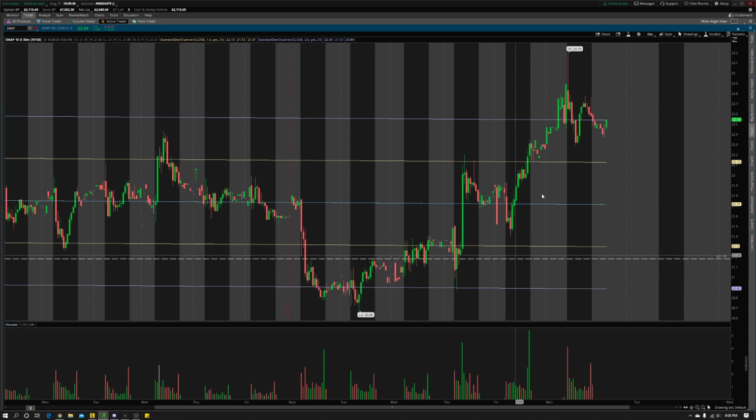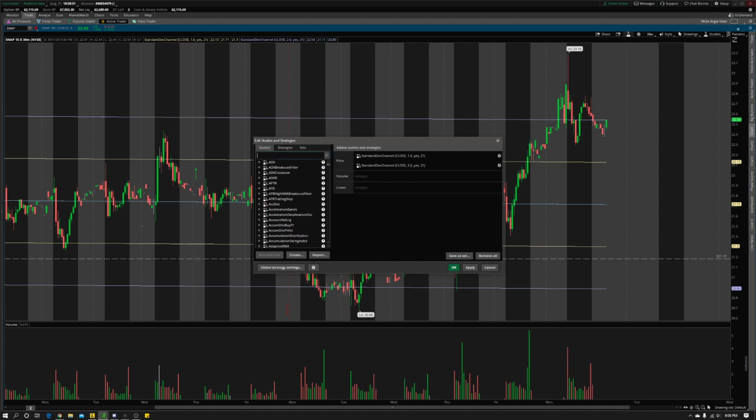So that's that. The second indicators we're going to work with are the exponential moving averages. So we go here, and we go exp, moving average exponential 1. Click 1, you gotta double click it.